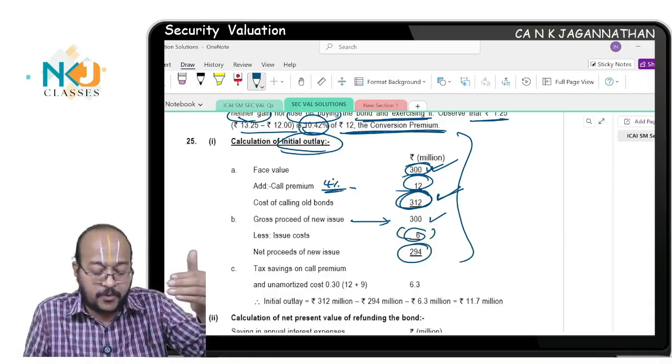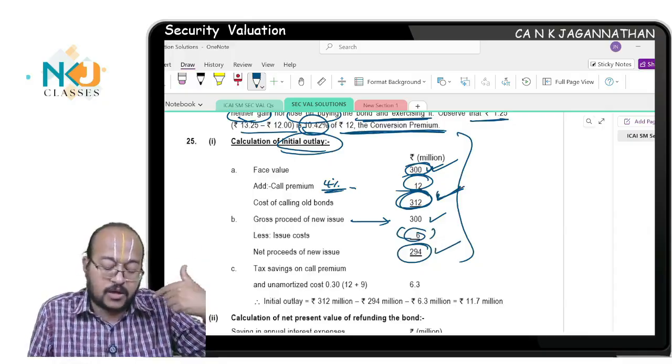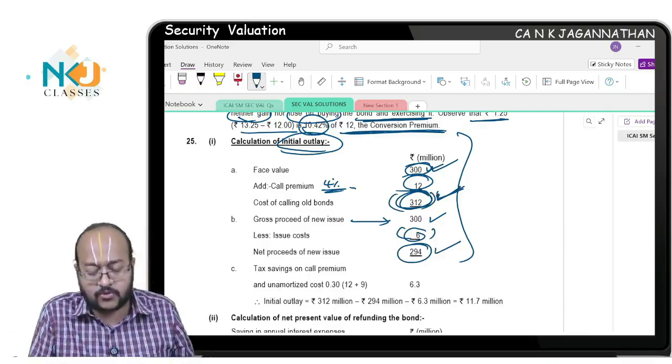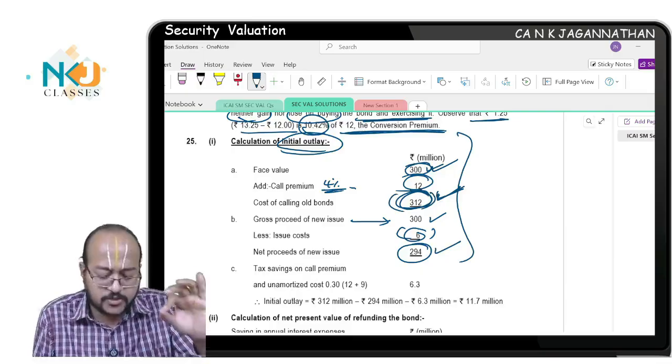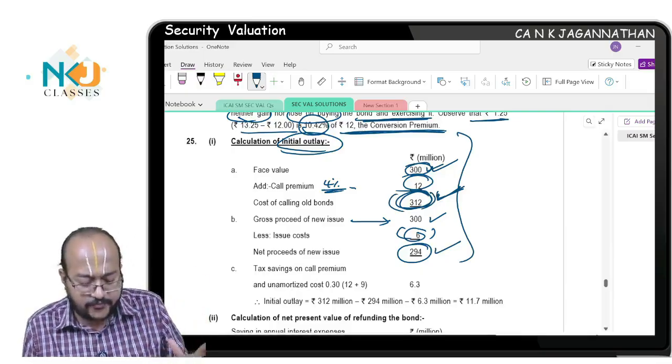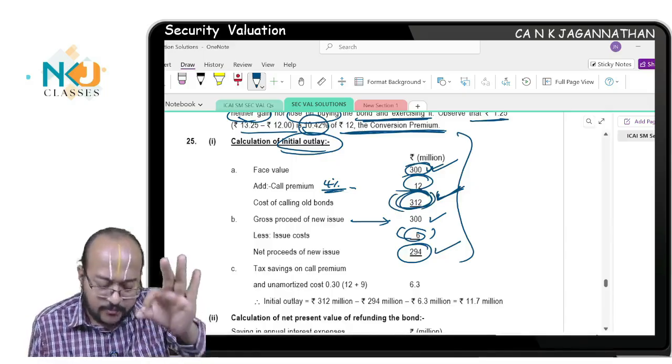I am paying 312, so minus 312, and receiving 294. What is my net outflow till now? 312 minus 294, which is 18. Net outflow is 18. Keep in mind.